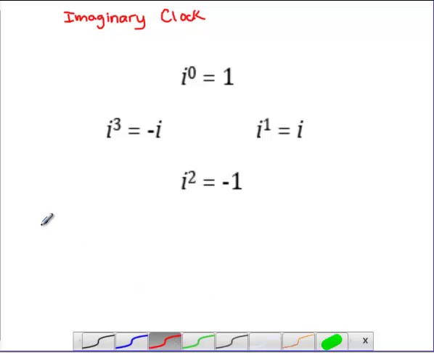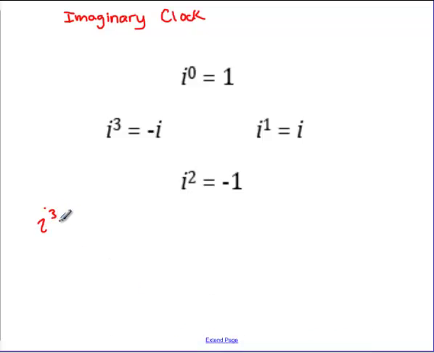And then i cubed is really i times i times i. All right, and so i times i is i squared, but according to my clock, i squared is -1 times this third i, and that's why i cubed is -i.